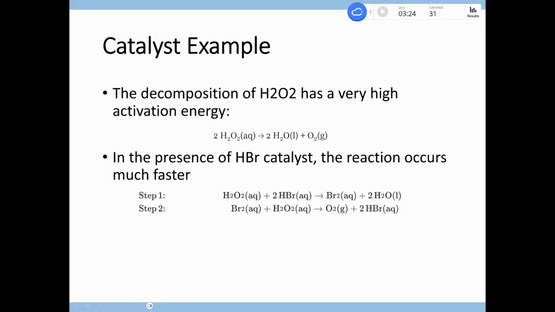We will write the overall reaction equation based on these elementary steps, and we'll identify, we're already told HBr is the catalyst, but we'll see what that looks like in these two steps, and then we'll identify an intermediate as well and see how that is different than a catalyst.